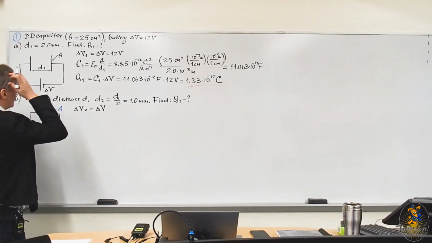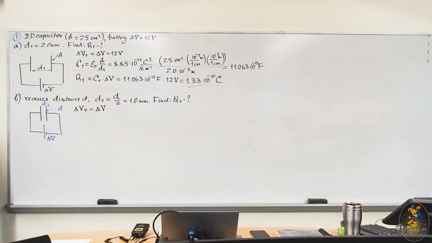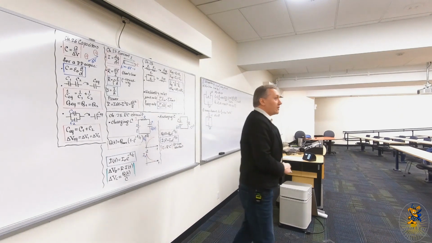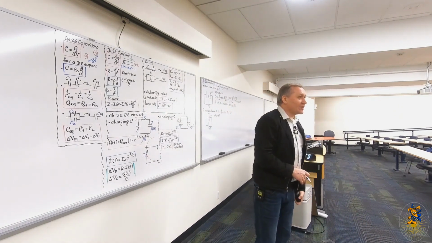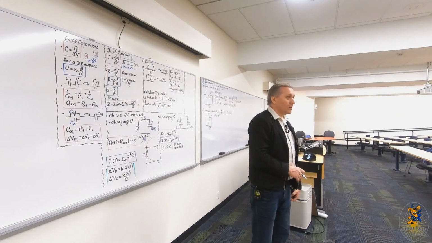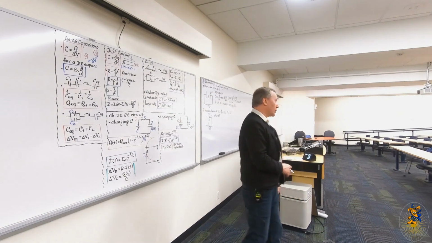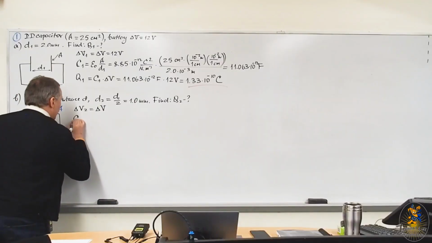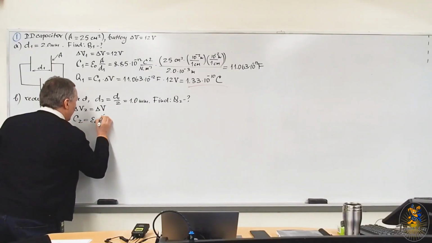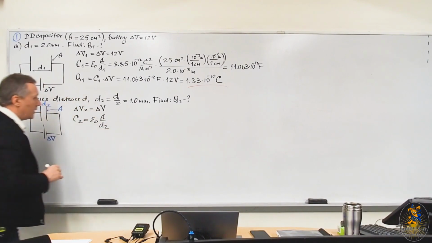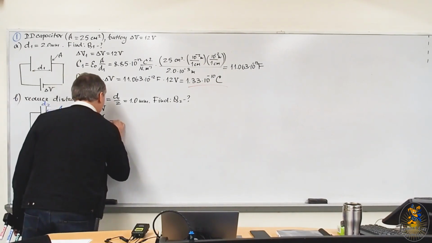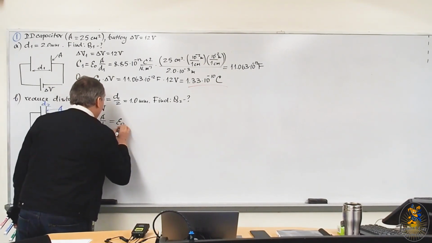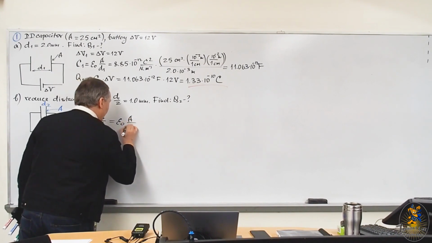Okay, so now, second, capacitance. What can you say about capacitance? Does it change? We changed the geometry, so the capacitance must change. So C2 equals epsilon naught A divided by D2. And now I don't want to plug in numbers. I did it once, enough. I don't like plugging in numbers. So epsilon naught A divided by what?